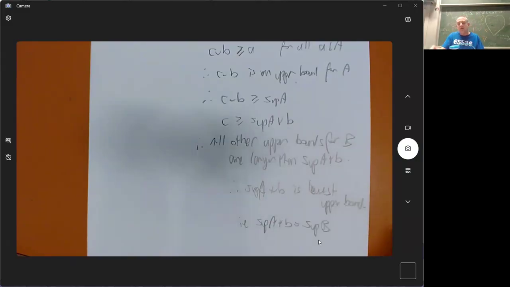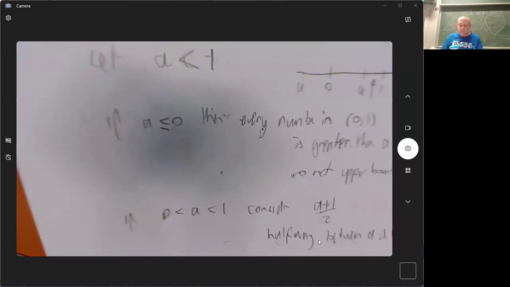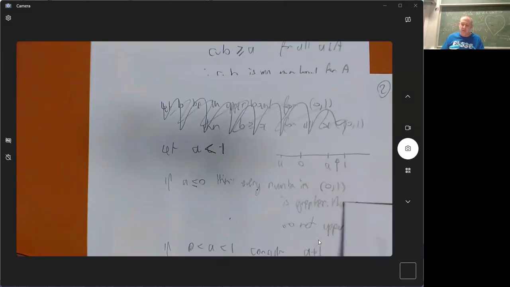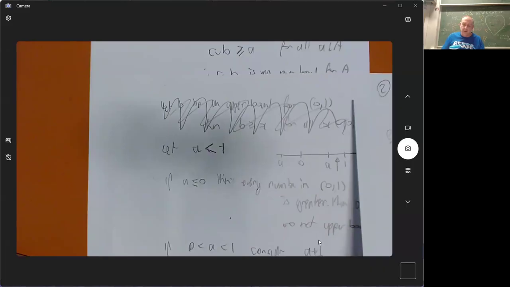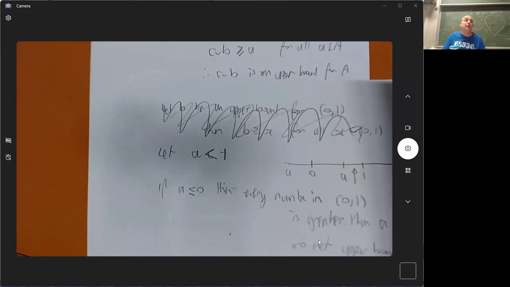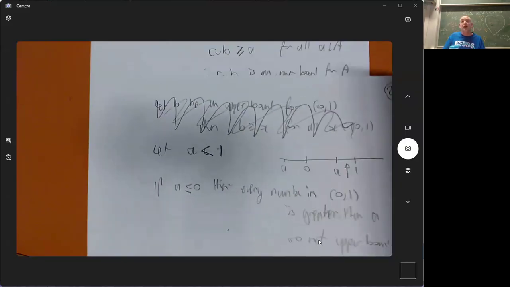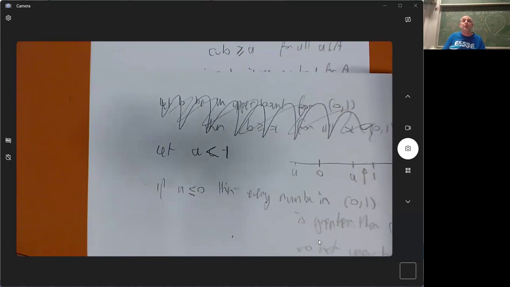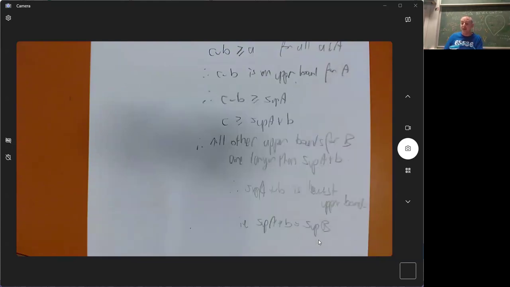I said, what if I had an upper bound and I showed that it was more than the upper bound that I had previously thought of? Could I have done that with the other one? Suppose C is an upper bound for 0, 1. No, this was based on there being an already existing supremum to compare it to. So I couldn't have used that argument for 0, 1 because that's only a single set, not two sets being compared. Okay.